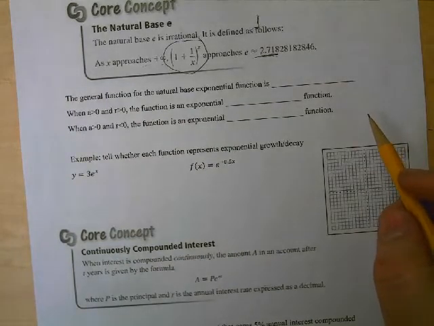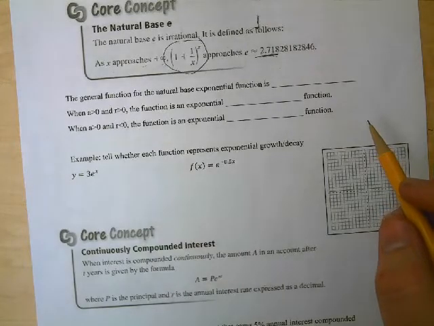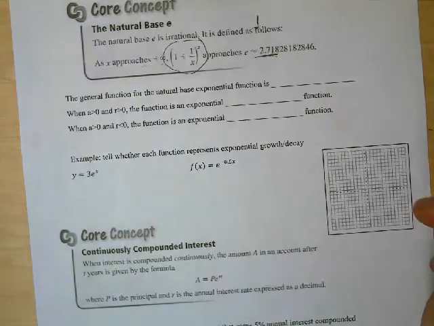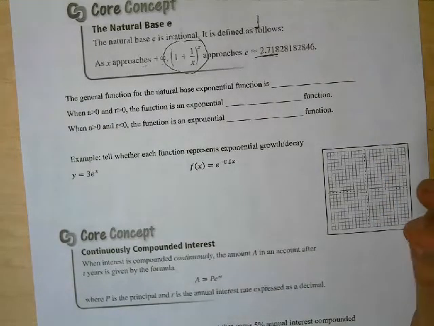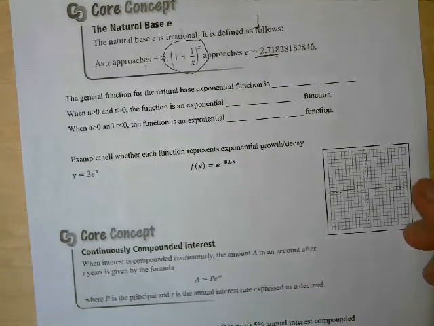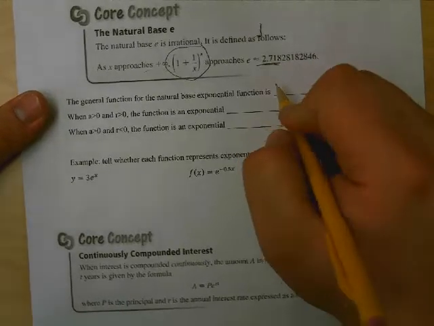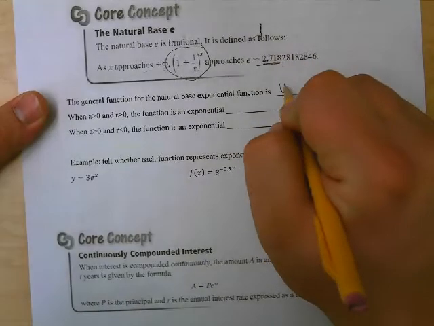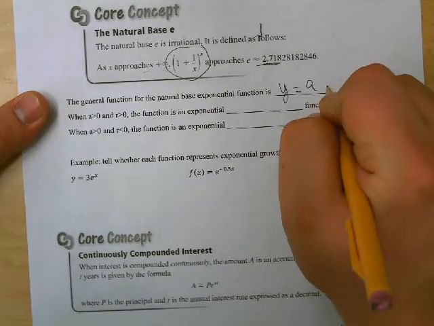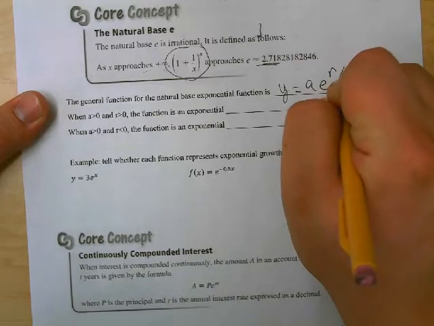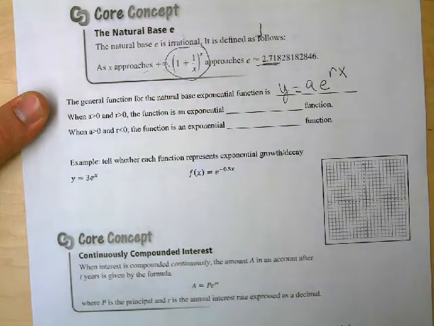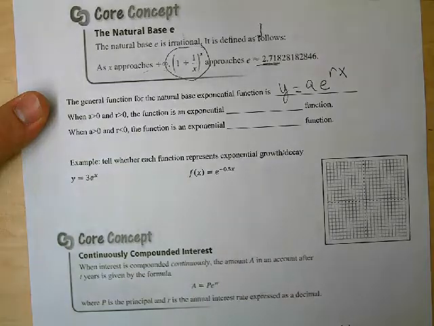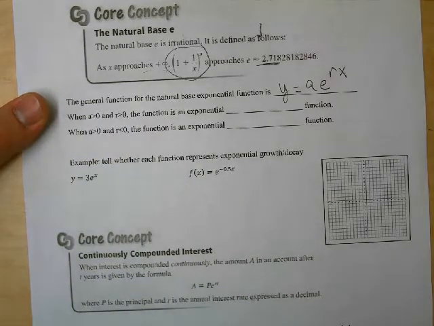The general function for a natural base exponential function, and when I say natural base exponential function, that's just a fancy term for a function that has E in it somewhere, is y equals a times e to the rx. A, again, works a lot like a vertical stretch or shrink.